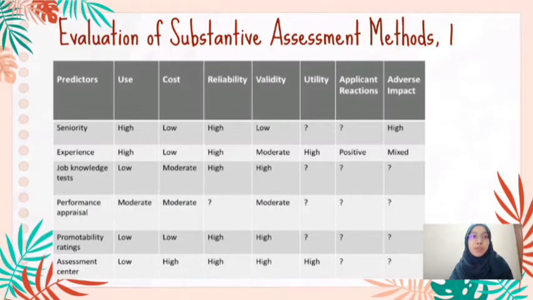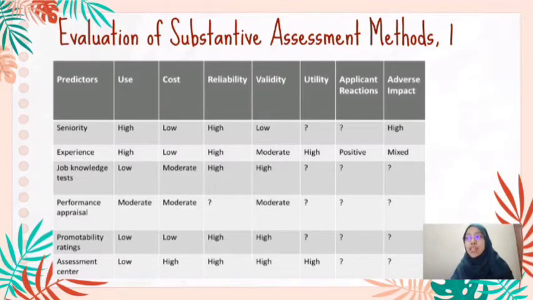So here is the example of the evaluation of substantive assessment method 1. We have predictors, which are seniority, experience, job knowledge test, performance appraisal, promotability ratings, and assessment center, and use, cost, reliability, validity, utility, applicant reaction, and adverse impact. The results are rated high, low, moderate, positive, or mixed.